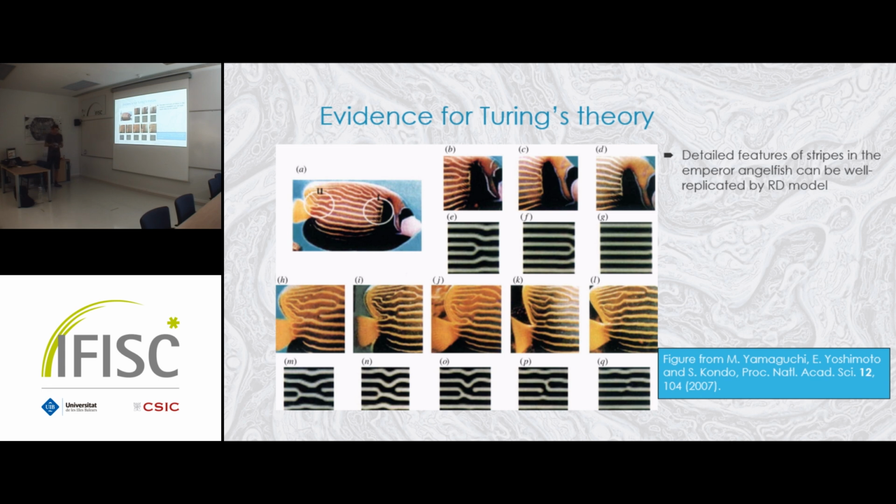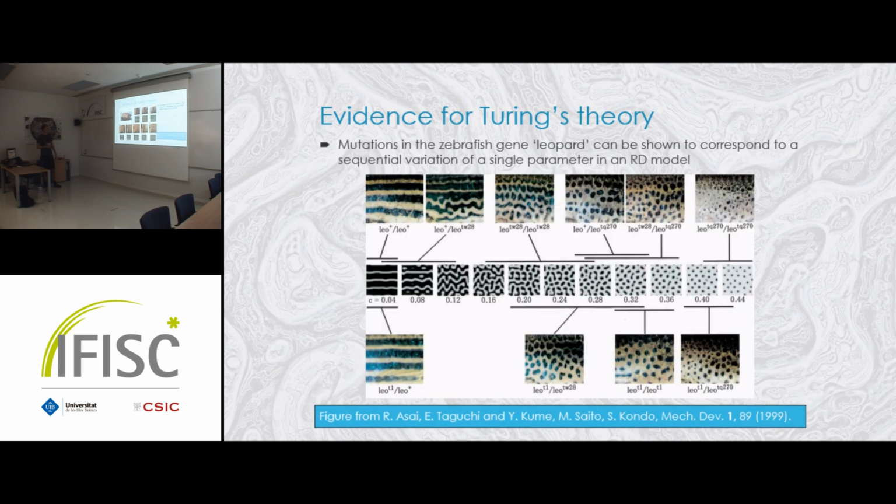At some level, this reaction-diffusion mechanism has to connect with the underlying genetics. So the idea would be that certain genes would produce certain chemicals which would interact and cause the production of this pattern. If you know the gene which you think is responsible for the pattern formation in a particular organism, you can cause mutations to this gene on various alleles. And this is what Kondo did, a Japanese group.